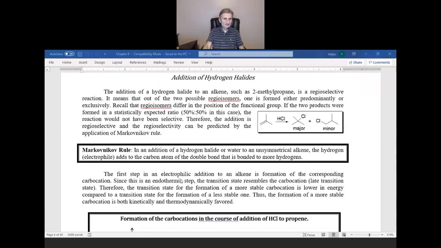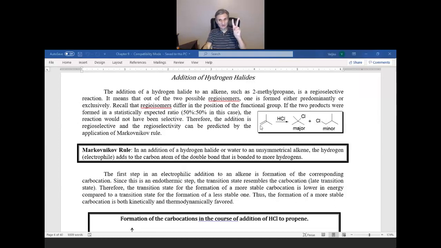His rule states that in an addition of a hydrogen halide or water to an unsymmetrical alkene, unsymmetrical meaning the two carbons are different, so two different products are obtained, the hydrogen, or the electrophile in general, adds to the carbon atom of the double bond that is bonded to more hydrogens. When you look at this, this carbon is CH2.